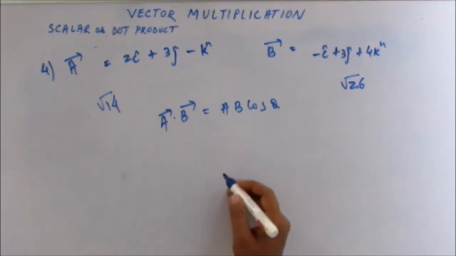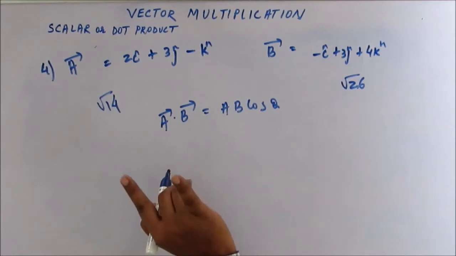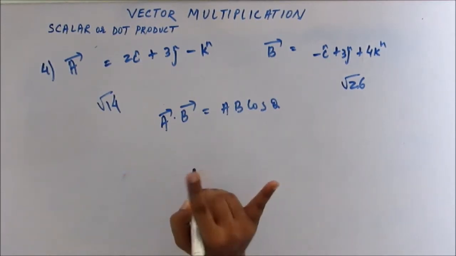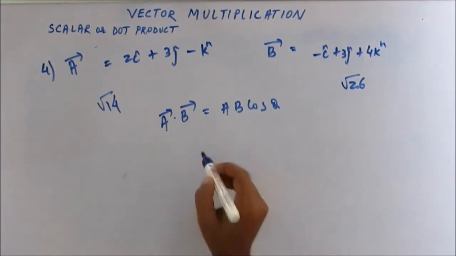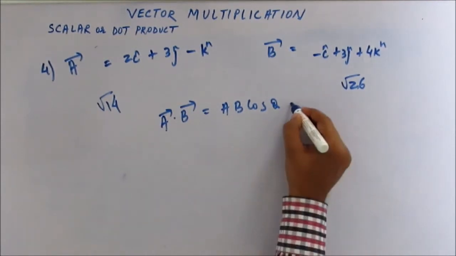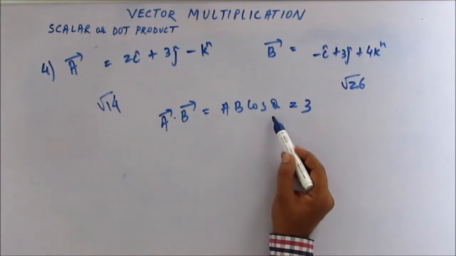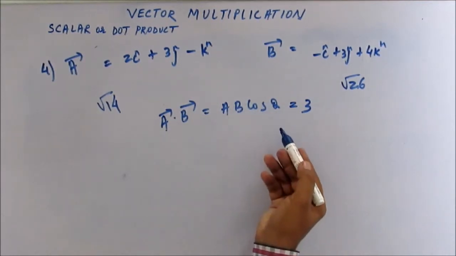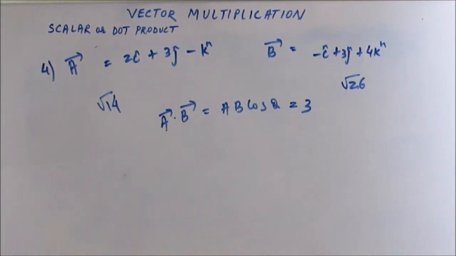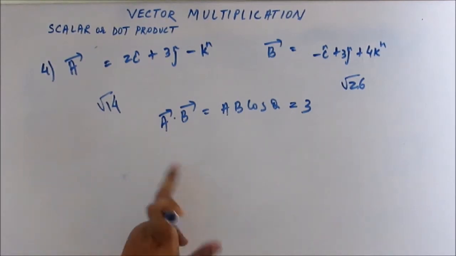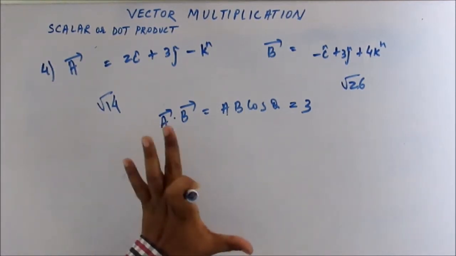So A vector dot B vector, how much would that be? -2, 9, -4. That is 3. So A vector dot B vector is equal to 3. So either you find cos theta or you get A cos theta from here directly. The component of A vector along B vector is A cos theta, theta being the angle between A vector and B vector.